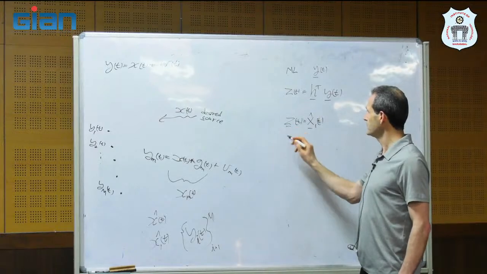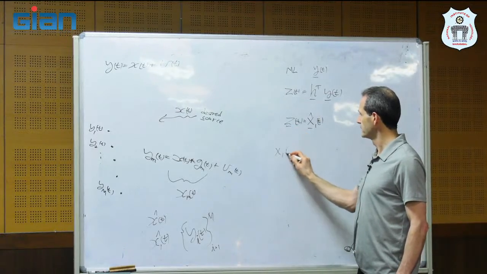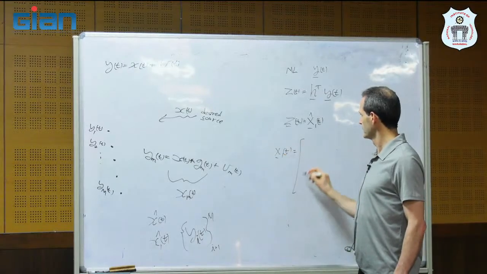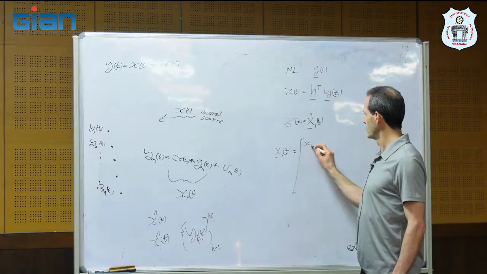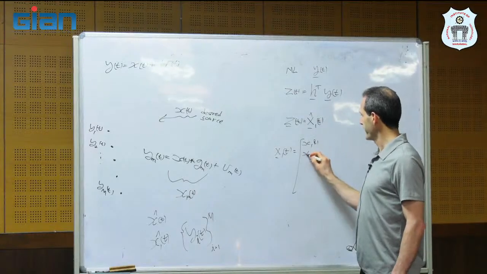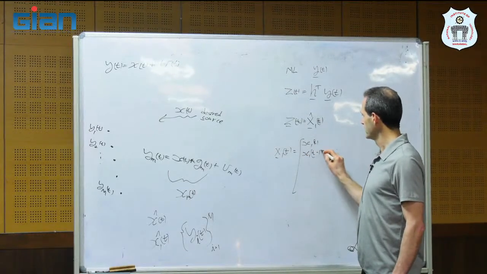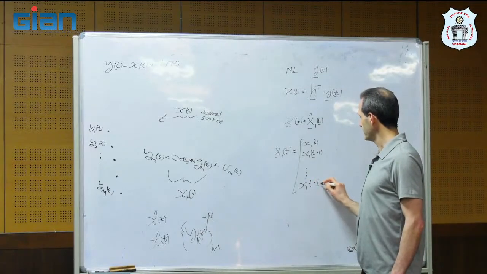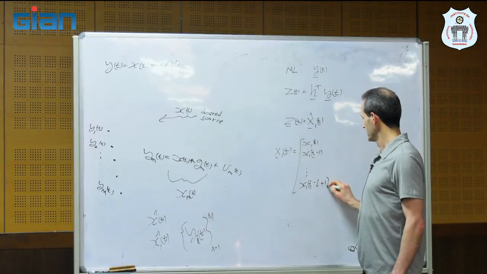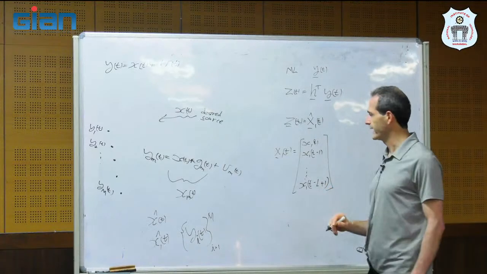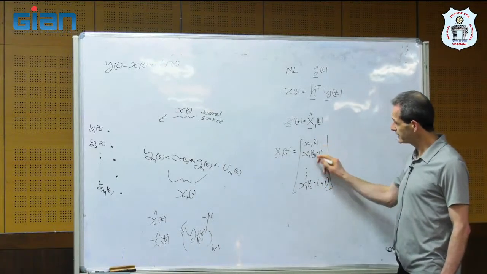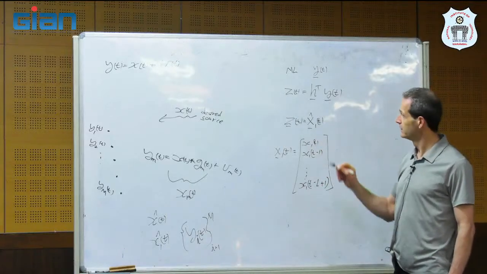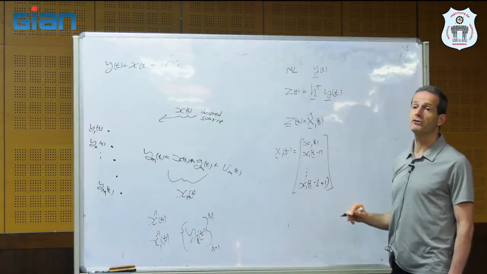So x1 will be a vector of x1(t), x1(t minus 1), and so on until x1(t minus L plus 1). So it's a vector of length L.